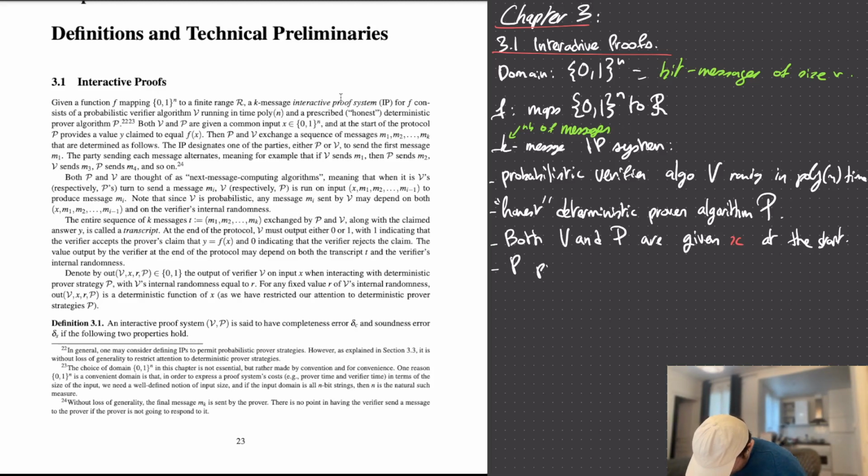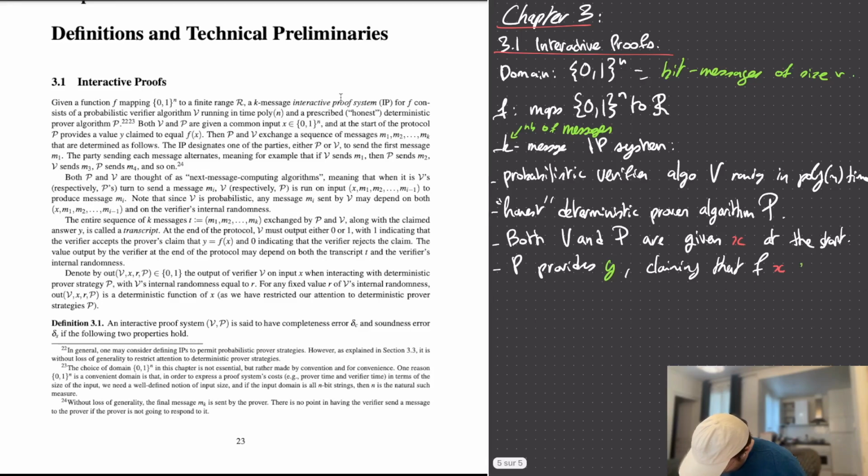P provides. Let's continue to write it, and then I will try to explain what I understand when I write. P provides Y claiming that f of x equals y.